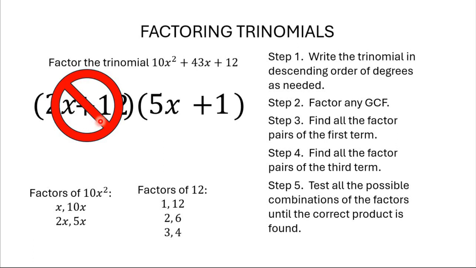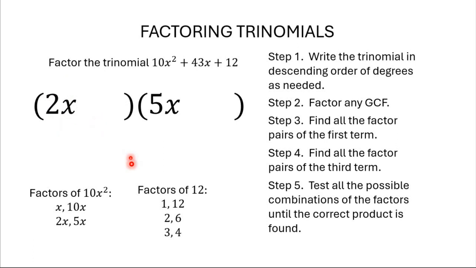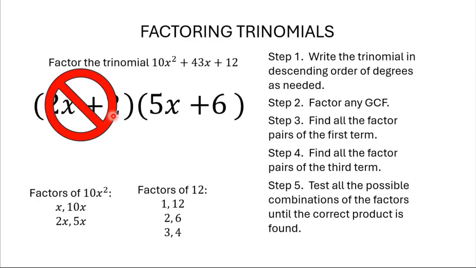So we'll move on. We know that the 1 and the 12 don't work with the 2x and the 5x. So now we'll move on and try the 2 and the 6. So we'll put the 2 and the 6 in here. But once again, I have the issue here. This binomial has a GCF of 2, and I know that my binomials need to have a GCF of 1. So that one won't work either.